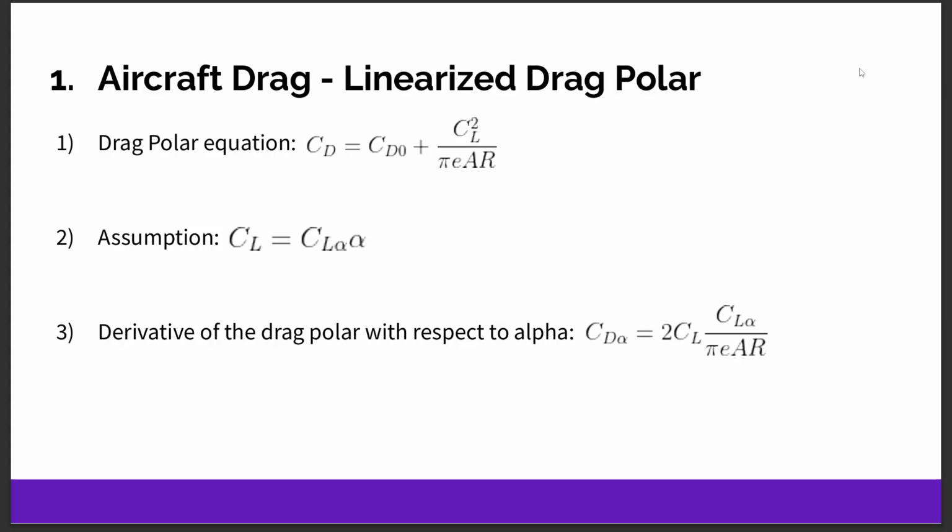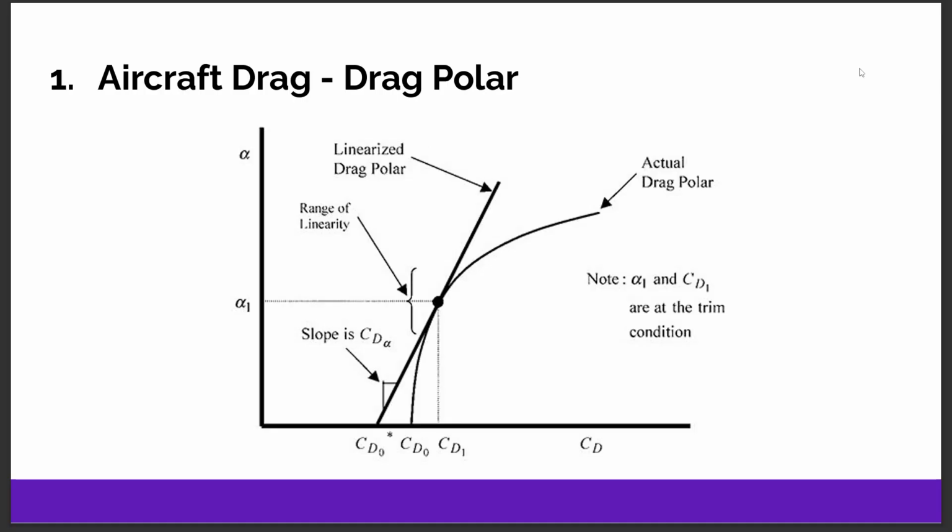So when you take the derivative, CD0 goes to 0 because it's not dependent on alpha, and then the derivative of CL squared is 2CL times what's inside the parenthesis, and that is CL alpha. And that is the reason why you see what's at the bottom. So this is going to be our CD alpha, and then the CD0 star can be found graphically.